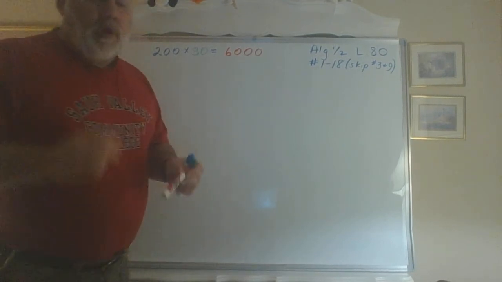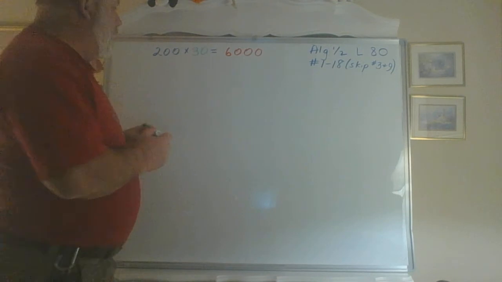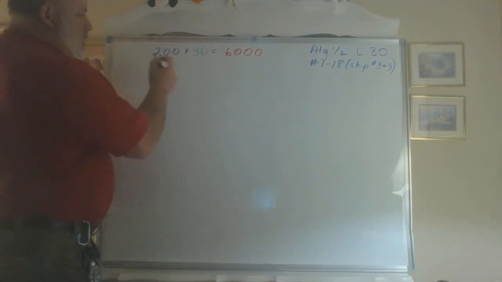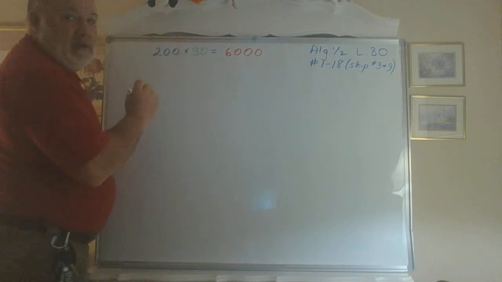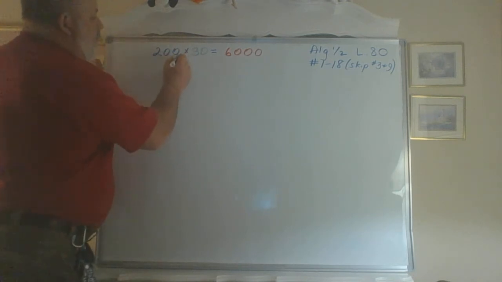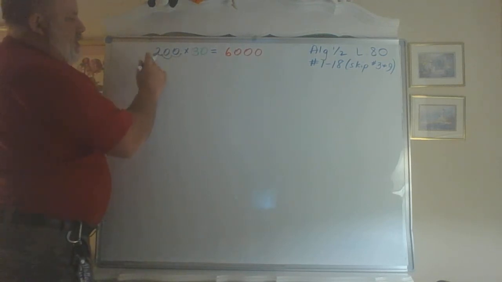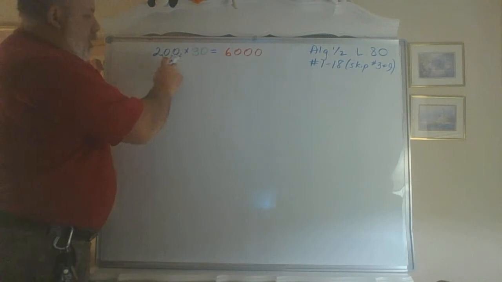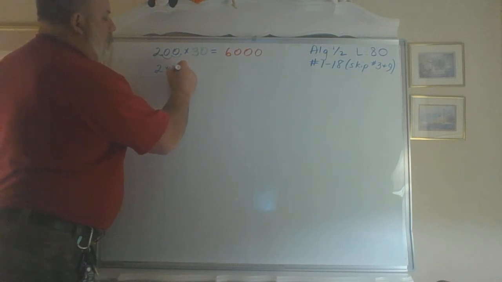Now, if I put all of those numbers in scientific notation, we'll notice a little something. To put a number into scientific notation, we remember that we take the decimal and we move it as many places as we need to till it comes just to the right of the first digit. So 200 becomes 2 times 10 to the 2 power.